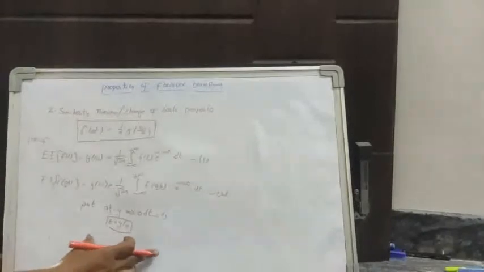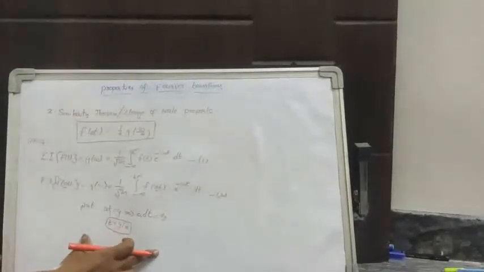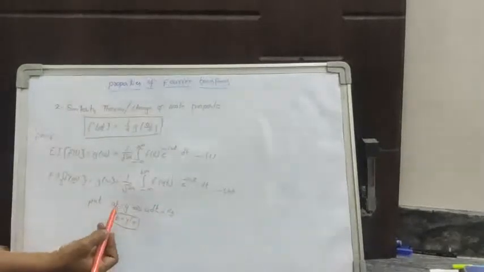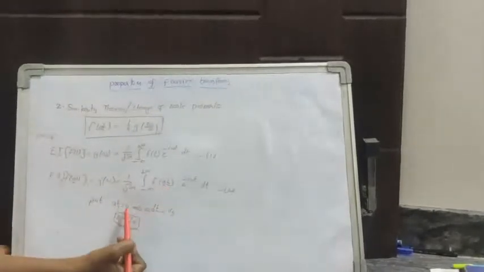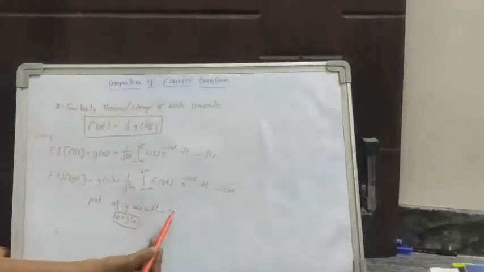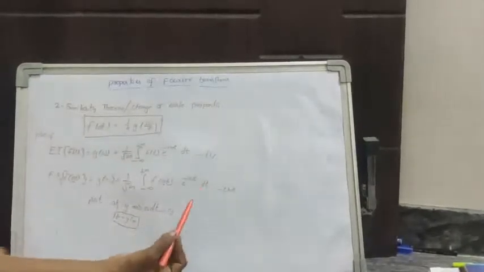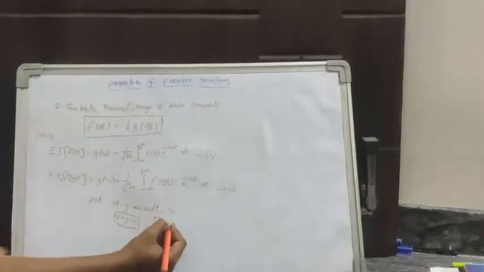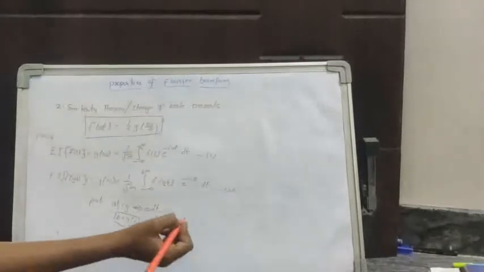Now we are going to substitute those parameters in equation 2. In place of at, we substitute y. In place of dt, can you find the dt value? Yes, dt is equal to dy by a.